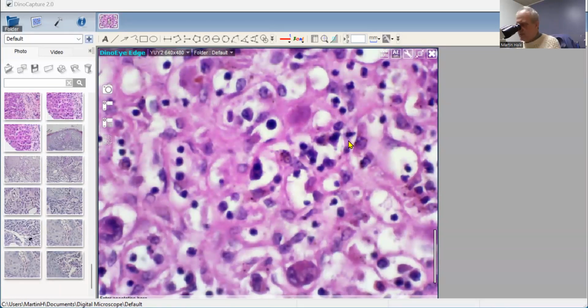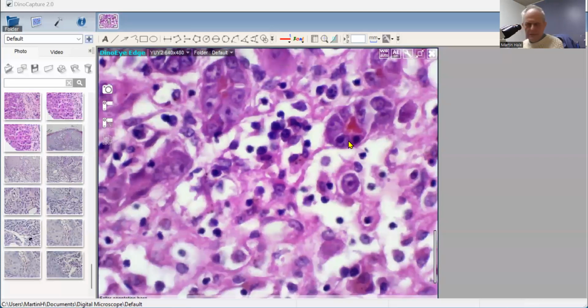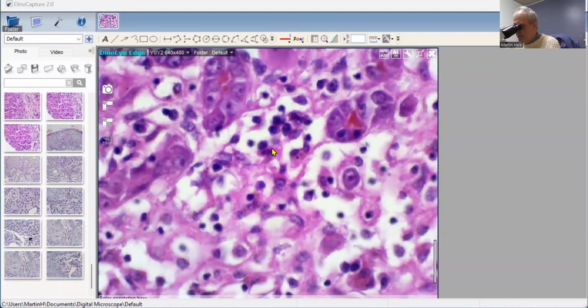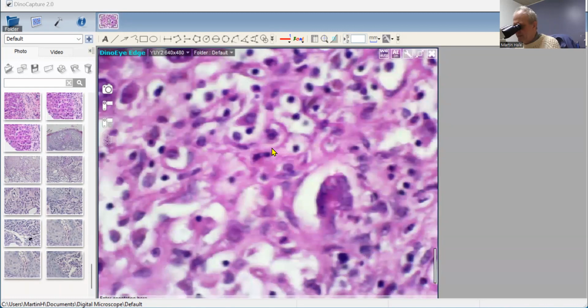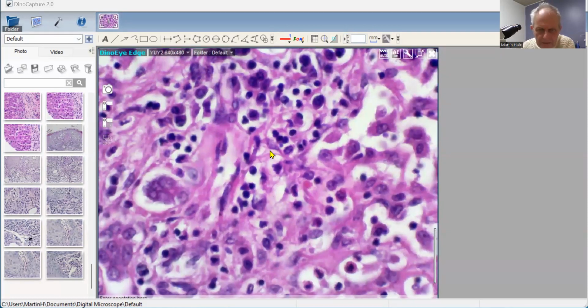Those are all plasma cells. These are plasma cells there, 3 or 4 of them together. Here's a whole group of plasma cells there. Look at all these. Whole cluster of plasma cells.